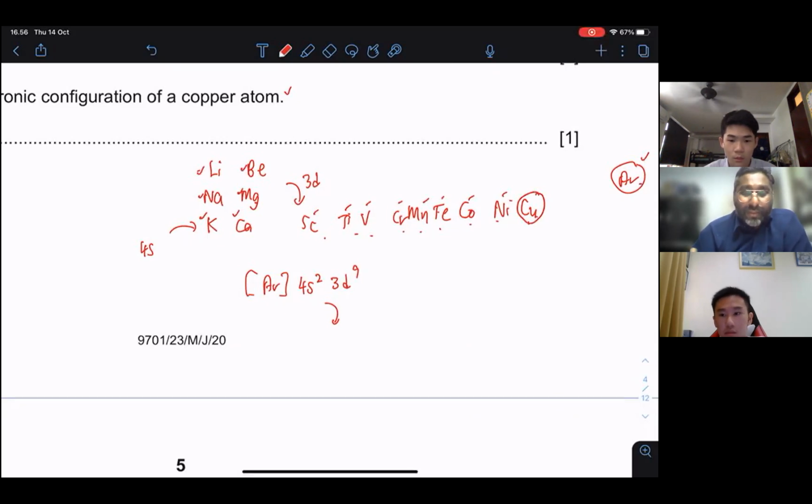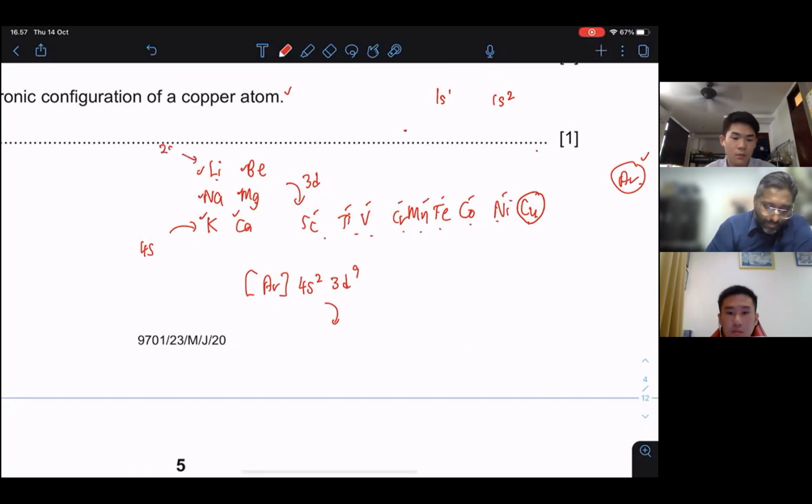Now how do I use this? Do remember hydrogen is 1s1, helium is 1s2. Then lithium will be 1s2 2s1, so here you can start with 2s.